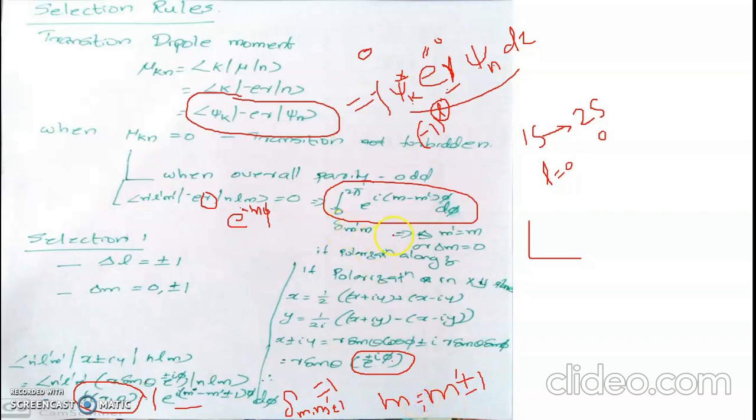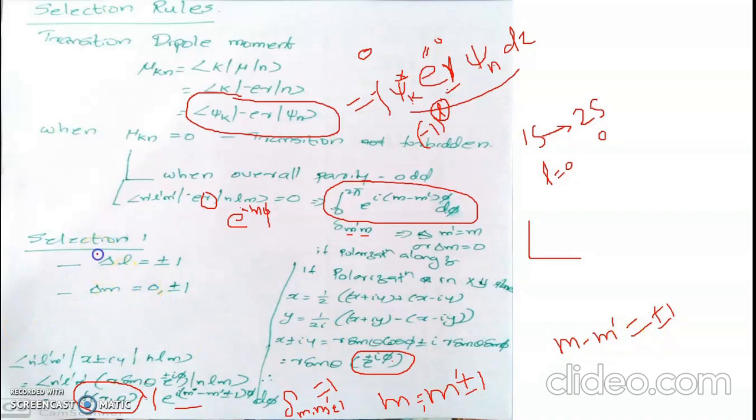See, the Kronecker delta will have a non-zero value when these two indices are equal. Here the indices are m and m prime plus or minus 1. So when these are equal, m minus m prime, where m is the magnetic quantum number of the initial quantum state and m prime is the magnetic quantum number of the final quantum state, that is the quantum state after this transition, is equal to plus or minus 1. So in such a situation as well, the transition is permitted.